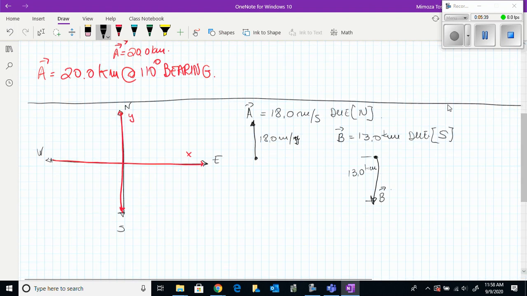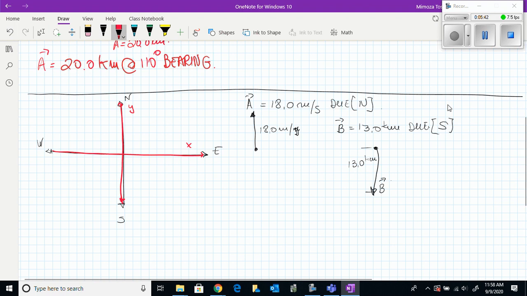And so it goes if we have a vector that is due east. If we have a vector C that is 18 kilometers due east, then the graphical representation of this vector will be something like this, where the line segment represents 18 kilometers.